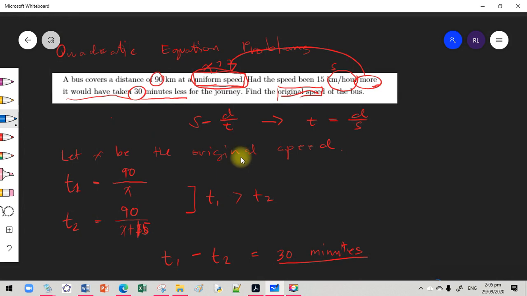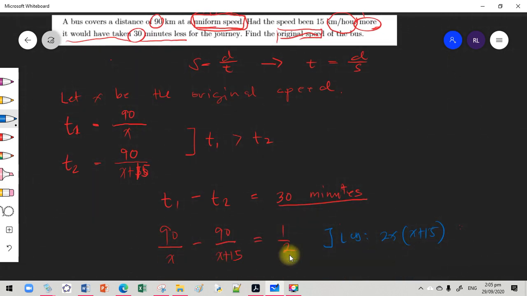So the general strategy is you decide which part of this equation, s equals d over t, becomes the subject of your equation. Will your equation be about time, like this one? Will your equation be about speed, or will it be in terms of time, so t sub 1 minus t sub 2?